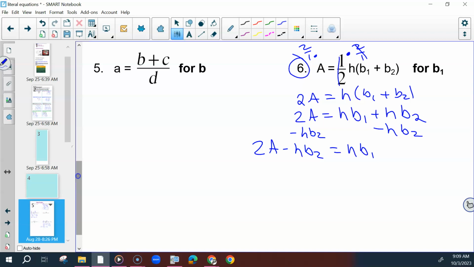And then to get rid of h, how could we get rid of the h that's with b1? It would be divide. But because we now have an h over here, we have to do this individually.